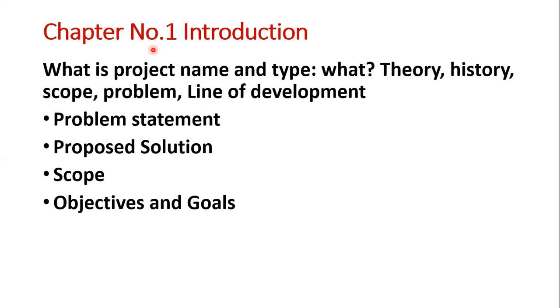Here we open, initiate, develop our project. And we must remember that the abstract and table of contents are considered very important, but they are separate parts of the report writing.